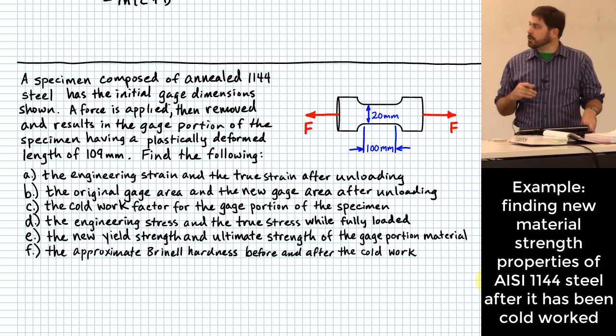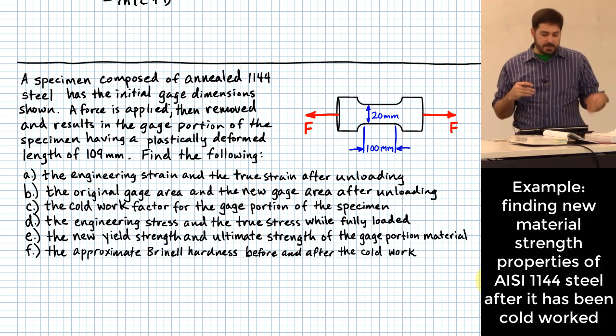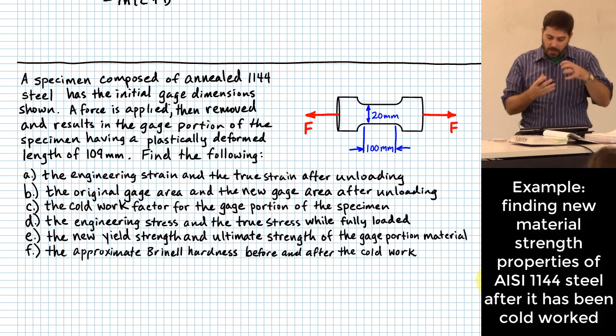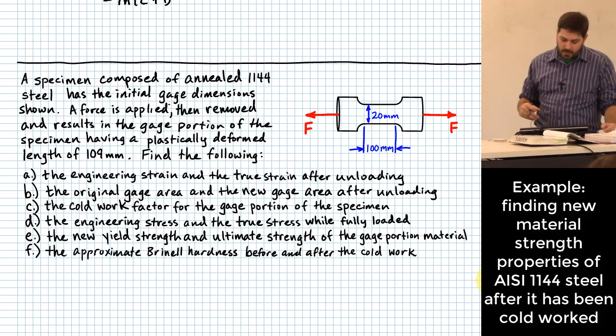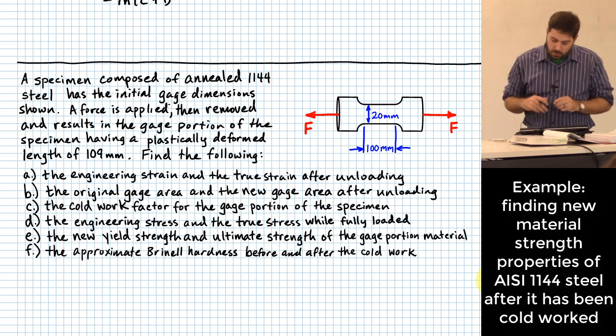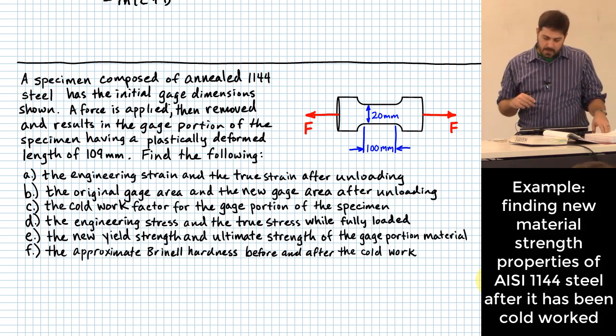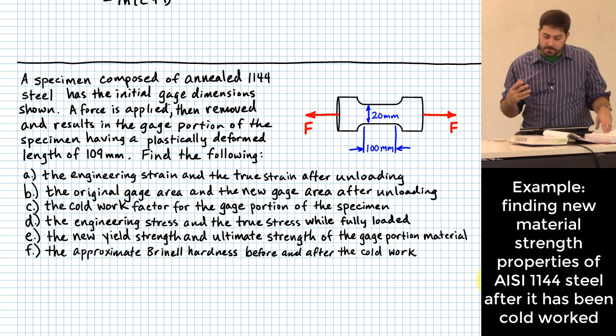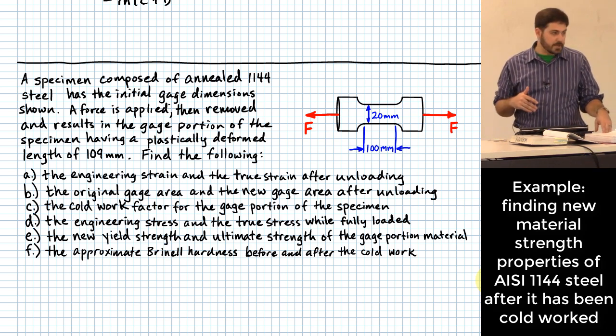The engineering stress and the true stress that the specimen held while it was fully loaded. The new yield strength and the ultimate strength of the gauge portion of the material. And then finally, the approximate Brinell hardness before and after the cold work. That's what we're going to try to find, all that stuff.